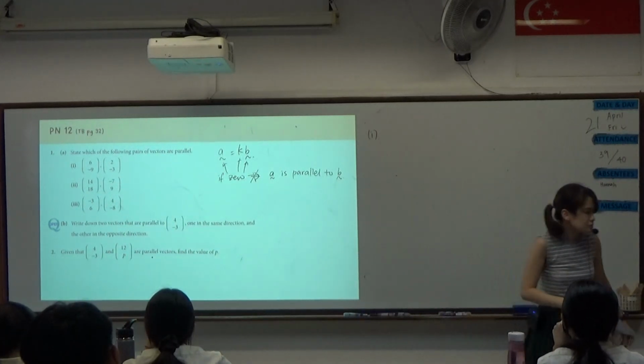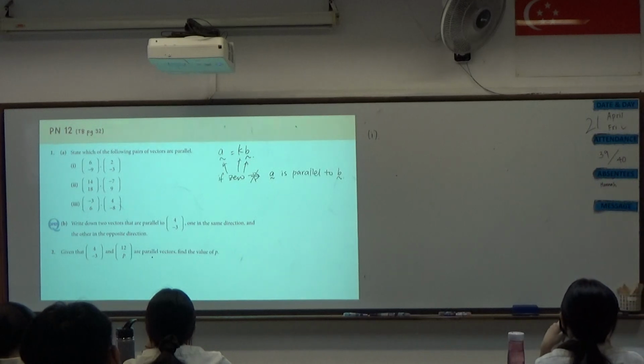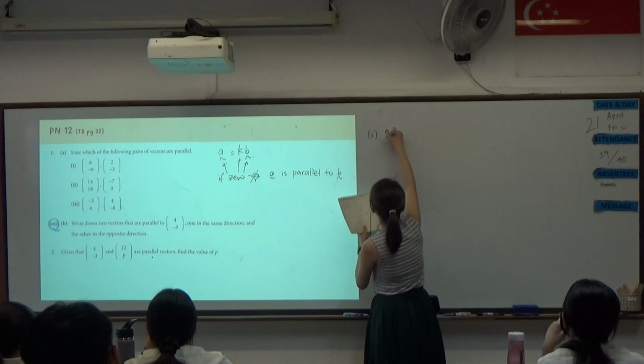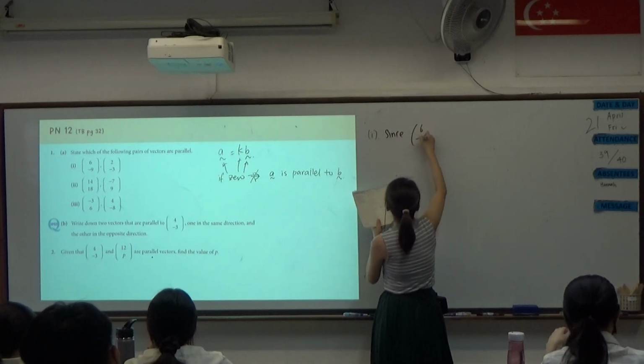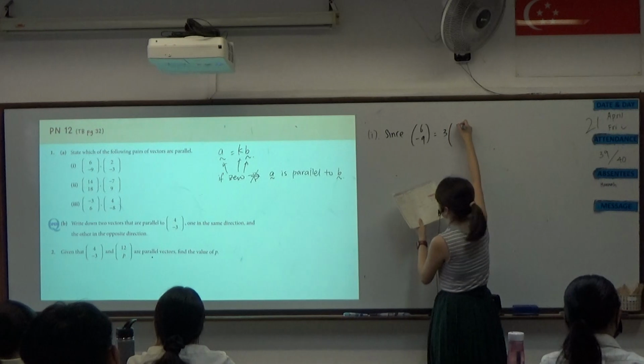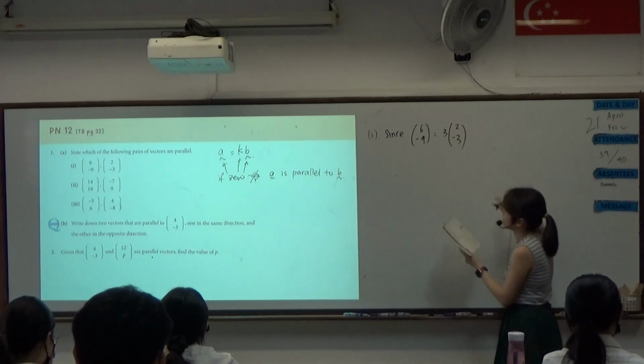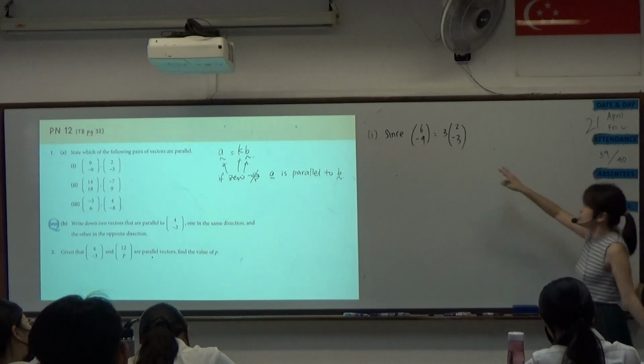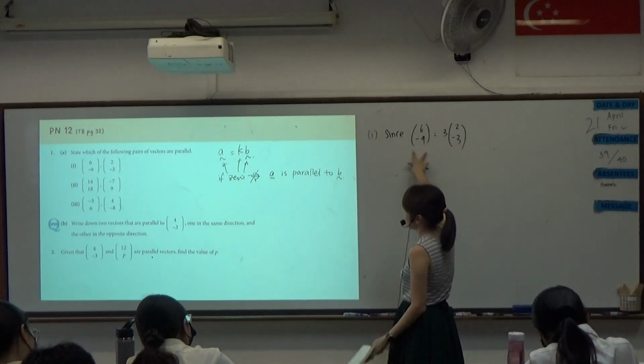In this case, we find that 3 times 2, -3 gives us 6, -9. So they are scalar multiples of each other.